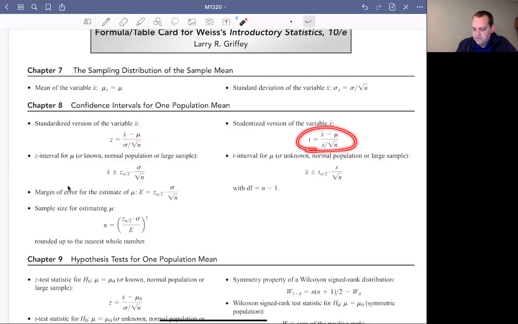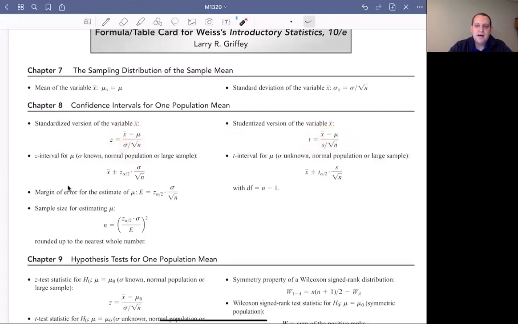So it's the same formula, except you replace all the z's with t's, and you replace all the sigmas, because we don't necessarily know the population standard deviation, with the sample standard deviation, s. So that's the standard deviation of our sample.